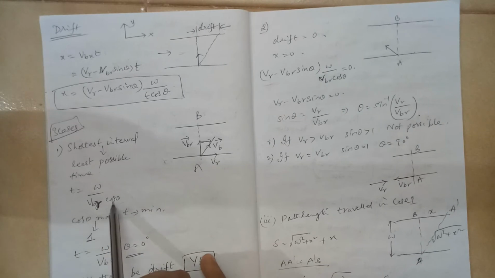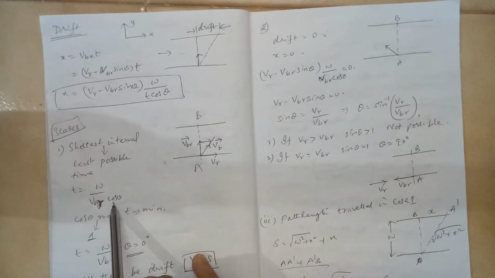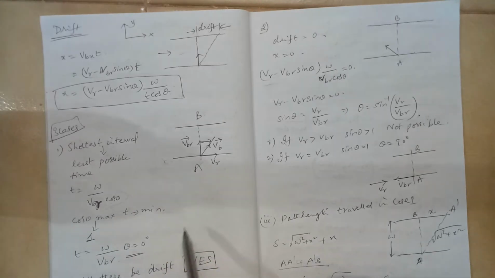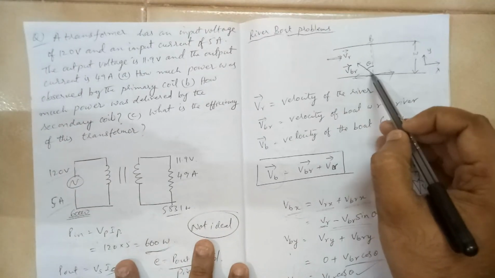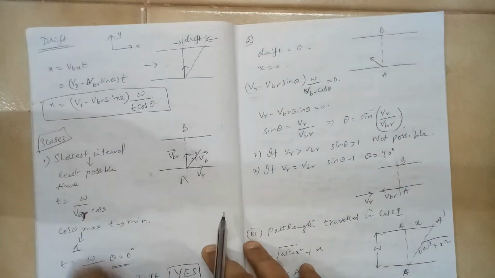Now if T has to be minimum, cos theta has to be maximum. So maximum cos theta value is 1. That means theta is equal to 0. Theta is equal to 0 means VBR has to go along the AB direction. Then you get the least possible time.